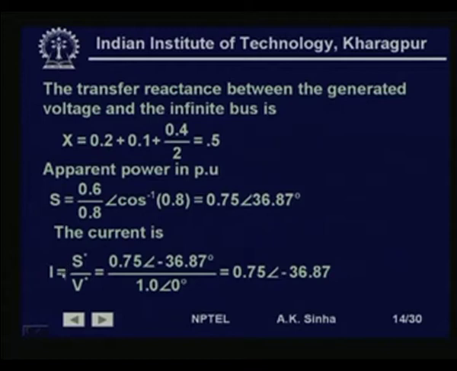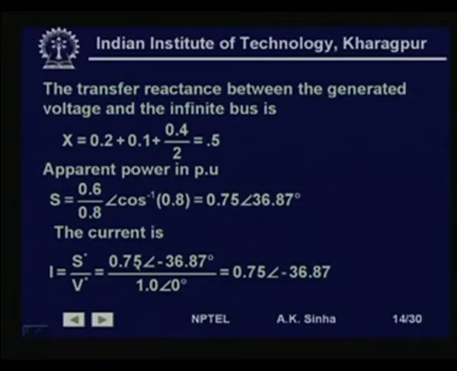The current I will be equal to S conjugate by V conjugate, because we have S equal to V I conjugate. So, S conjugate is V conjugate I, therefore I is equal to 0.75 with an angle of minus 36.87, because S is with an angle 36.87. When we are taking conjugate, this becomes minus, divided by V conjugate, which is 1 angle 0. So, the current is 0.75 angle minus 36.87.